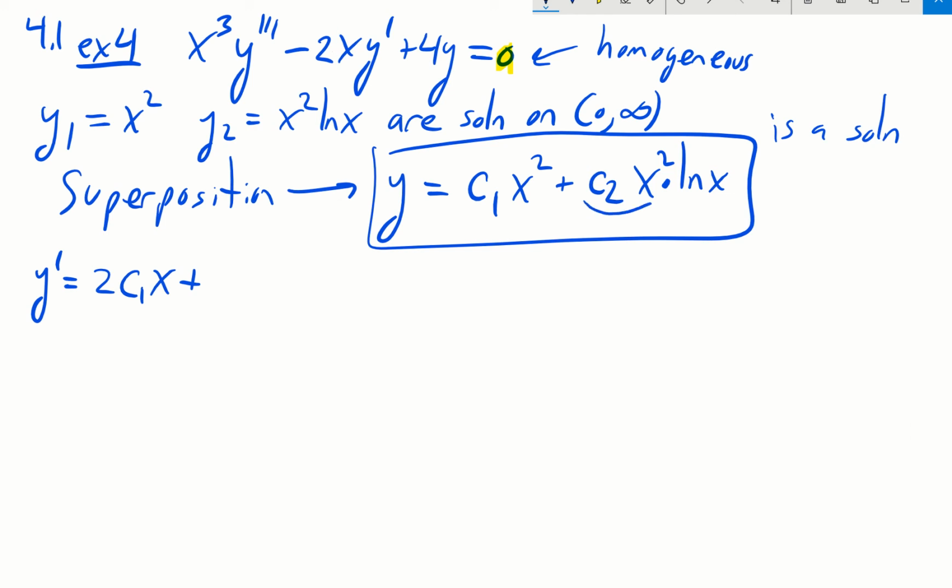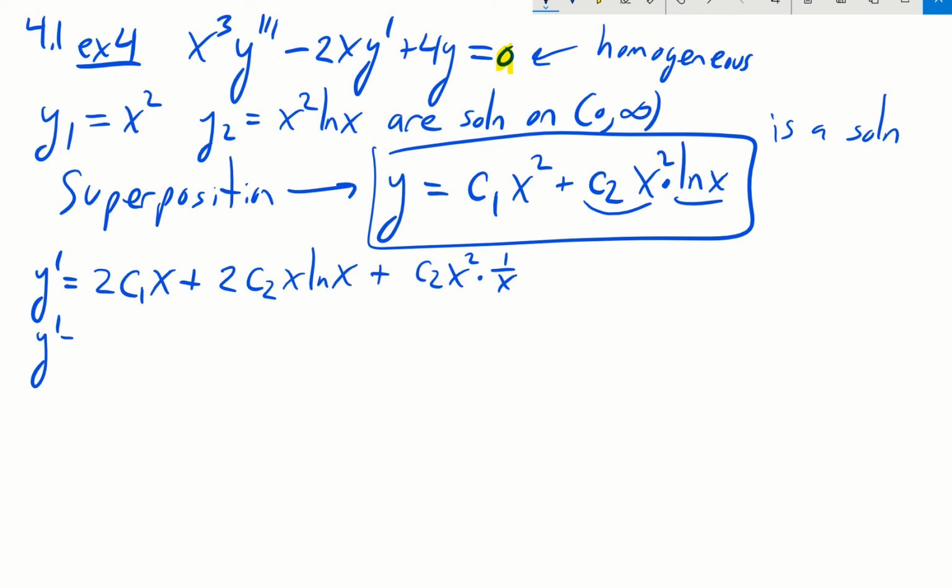Let's associate c2 with the x squared, and then think of the ln of x as the other term. The derivative of c2 x squared is 2c2 x, leave the ln of x alone, plus c2 x squared, leave that alone, times the derivative of ln of x, which is 1 over x.